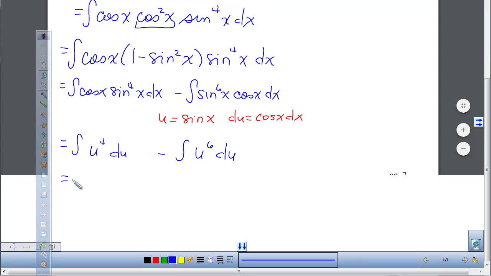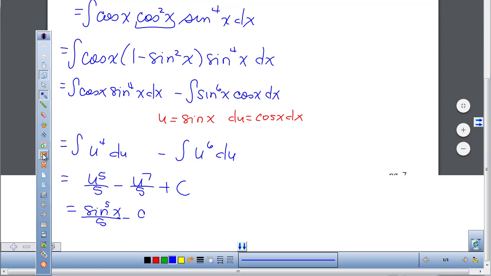And of course, that's going to give me u to the fifth over 5 minus u to the seventh over 7 plus c, or sine x to the fifth power over 5 minus sine x to the 7th power over 7, not 5, plus c.